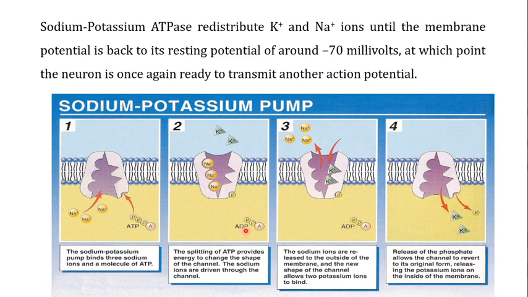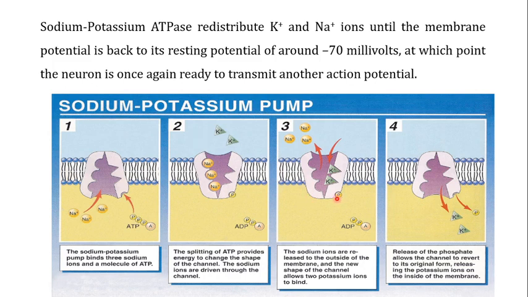Now, the splitting of this ATP provides energy to change the shape of this particular channel. You can compare the shape over here, when no sodium ions are attached and no ATP is bound, with when the sodium ions attach to the sodium-potassium pump and the ATP has been degraded. The shape changes, and this shape change is responsible for moving the sodium ions outside the neuron.